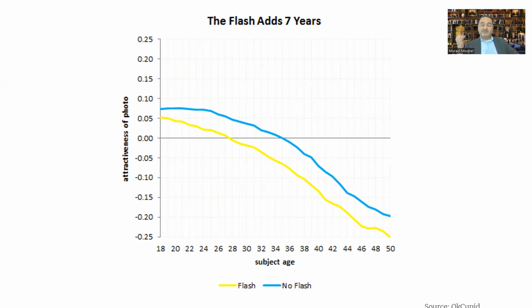If you take a photo with a flash, that takes away 8 to 10 years from your attractiveness age. So in other words, we should not use flash, although some of us might think a flash might help improve the quality of the picture, but it's not based on this data set.